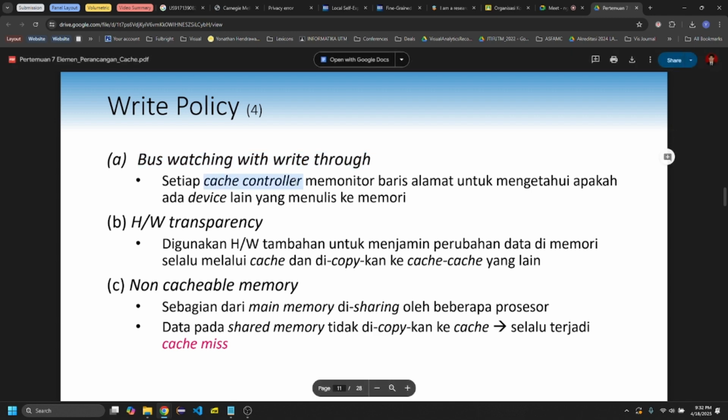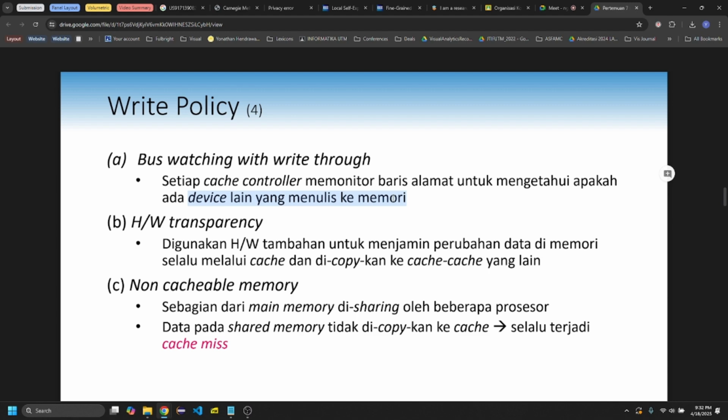Every single cache controller is monitoring the line address to know whether there is another device that is writing to the memory.